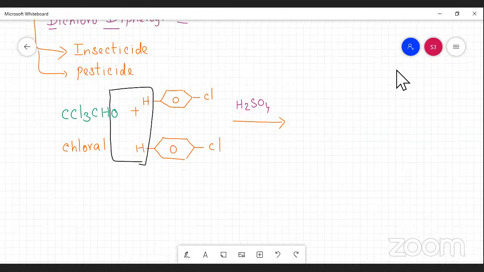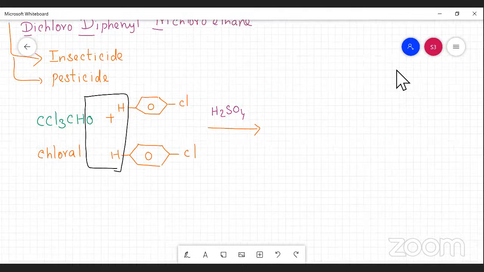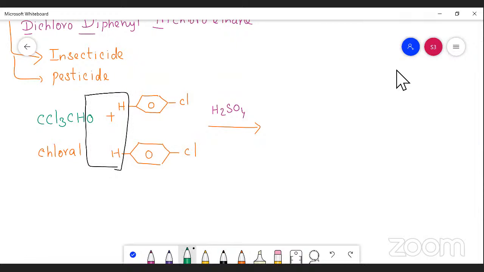Listen, we are taking CCl3 as it is, CCl3 and CH. One bond is connected with the benzene nucleus, that is chlorobenzene, and another bond is connected with again chlorobenzene.